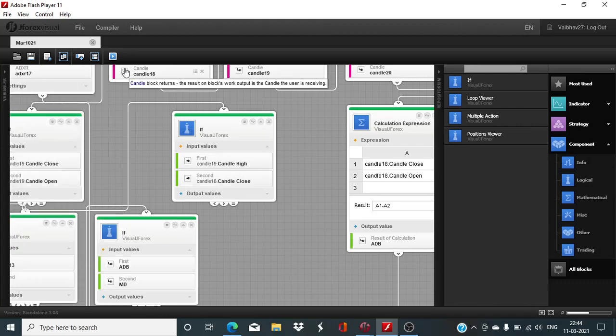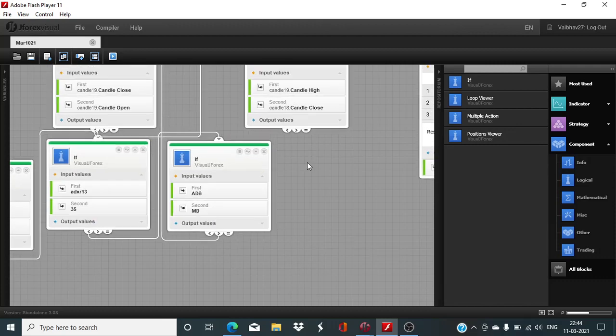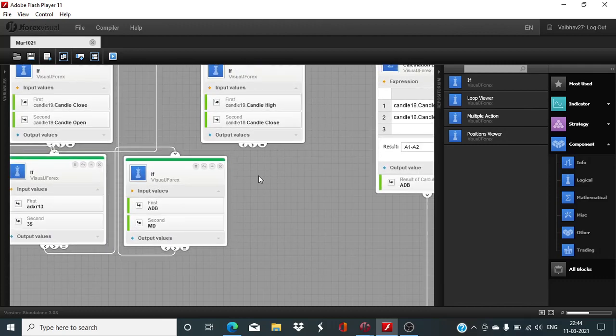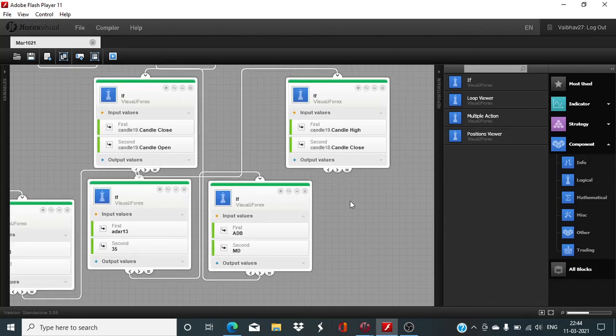Okay, so here we have defined these conditions, and now we will also have to look into the exact entry point.